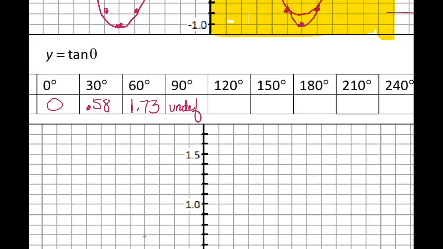All right, and then in quadrant 2, what we know about 120 degrees is that it shares a 60-degree reference angle, so it's going to have the same sort of value or same triangle that the 60-degree angle has. But in quadrant 2, tangent is negative. So we'll have a negative 1.73. At 150 degrees, the tangent is about negative 0.58. At 180 degrees, 0.